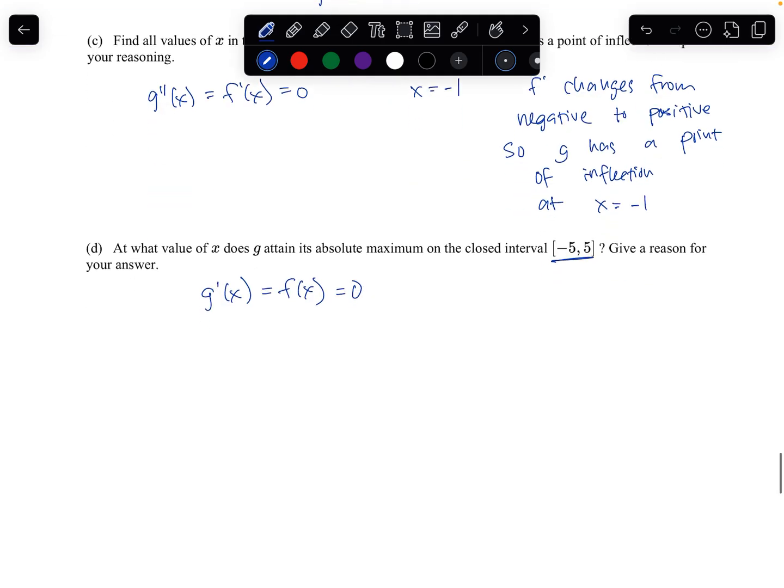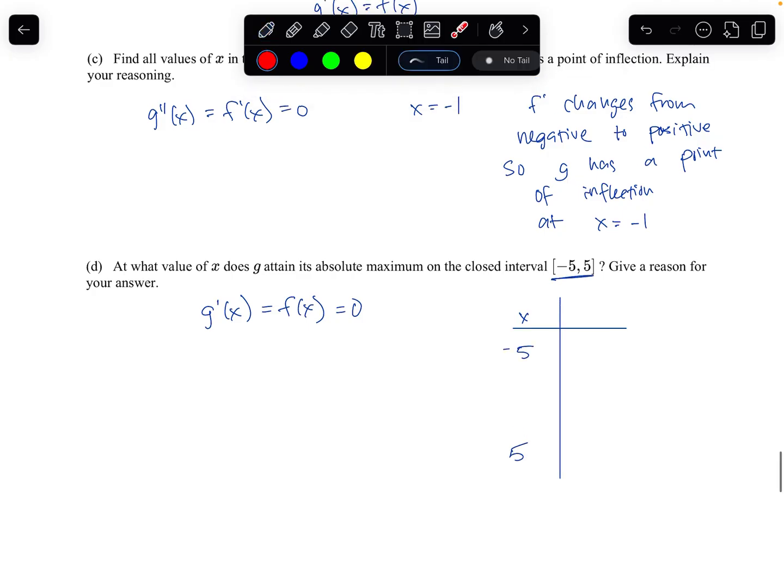So we're going to be using the candidates test, right? So we got -5 and 5.